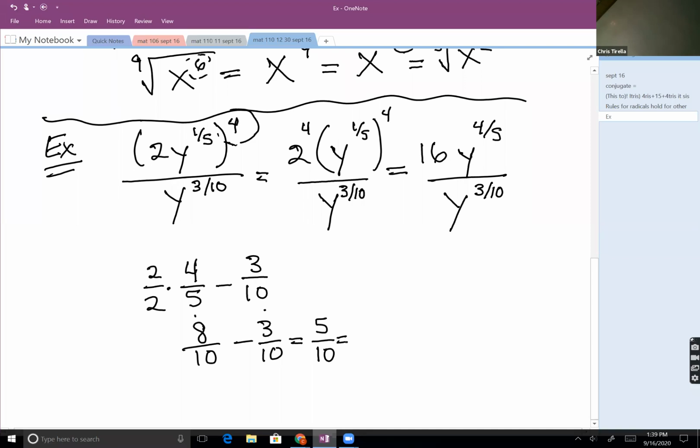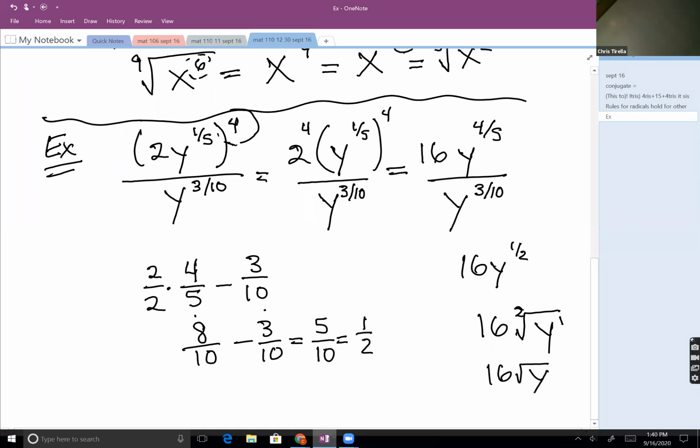Can anybody reduce 5/10 for me? 1/2. And so that becomes 16y to the 1/2. I'm taking a root, and the index is 2. If the index is 2, it means it's the square root, and I don't have to write it. But I can think of that as the second root of y to the first, or that's just 16 radical y.